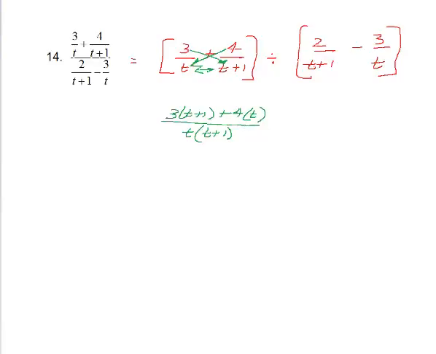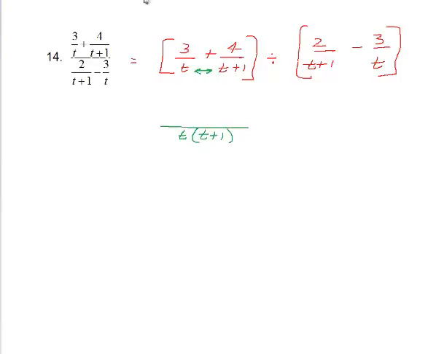Let's go back and look at that one more time. This process is the same as getting common denominators, not necessarily the lowest common denominator. So watch again. To get your common denominator, you just multiply denominator by denominator: t times t plus 1.